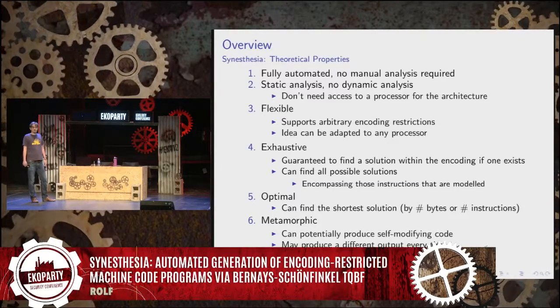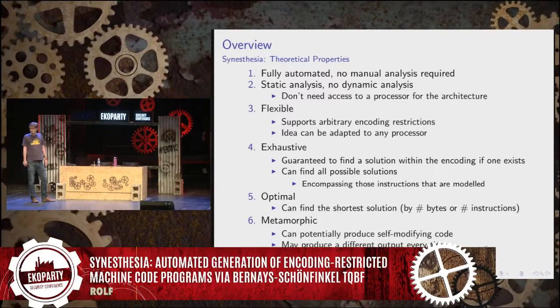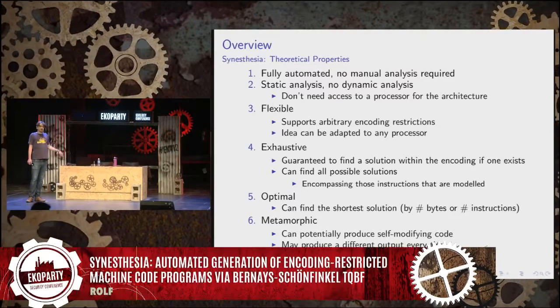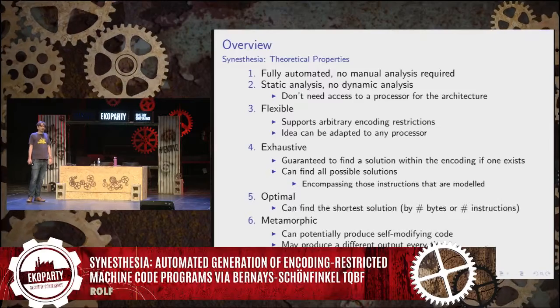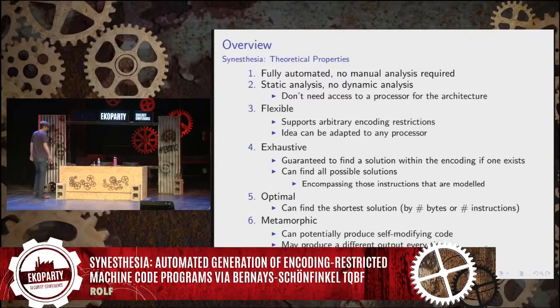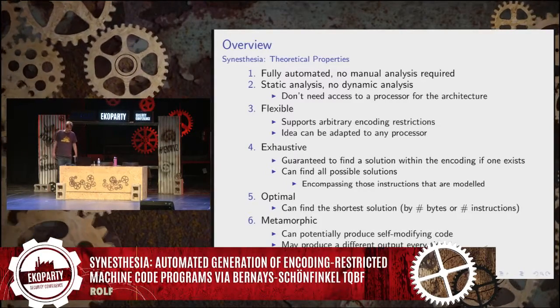You can also use it to find the shortest possible solution by number of bytes or number of instructions. And it's metamorphic, so it can potentially produce a different output every time, which means that IDS signatures are going to have a difficult time catching it. And it can even potentially produce self-modifying code.